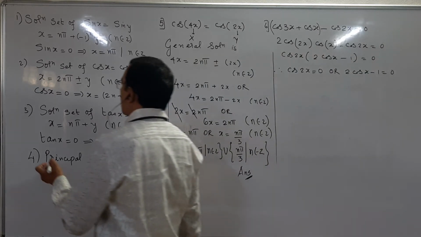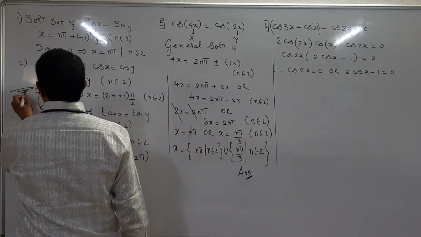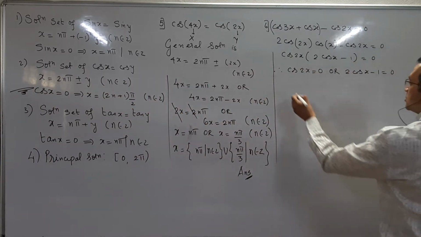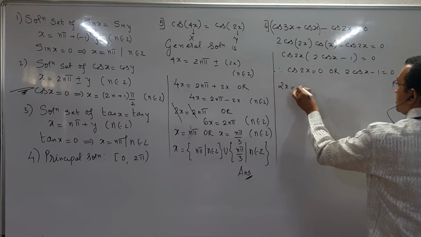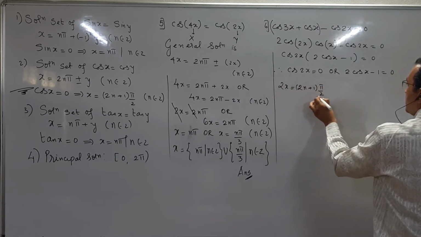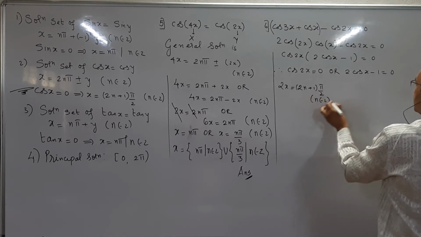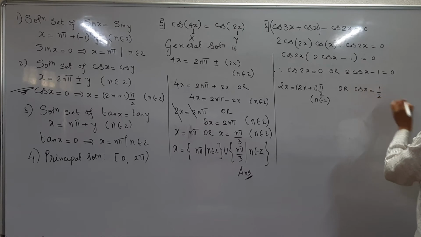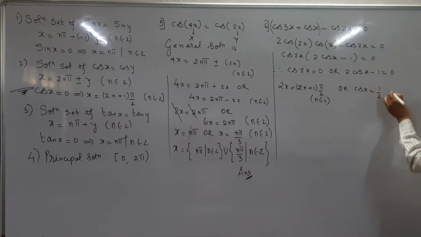The set of zeros of cos comes into play. Instead of x I have 2x. So 2x is equal to (2n plus 1)π by 2, where n belongs to Z. And here cos x is equal to 1 by 2, and cos of 1 by 2 I get at π by 3.